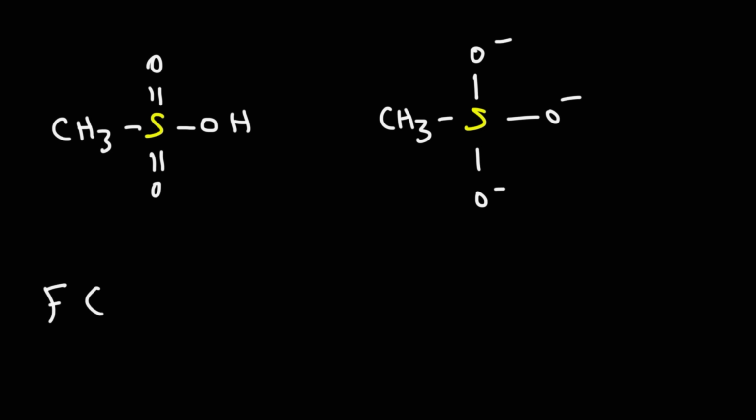So using the formula, we know that sulfur has 6 valence electrons. In this structure, it has 4 bonds. It doesn't have any dots on it. So it's going to be 6 minus 4. It's going to be +2, or 2 plus. So that's the formal charge on the sulfur atom.